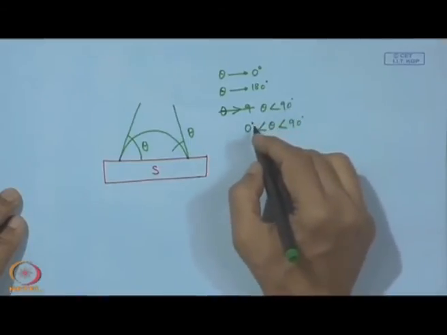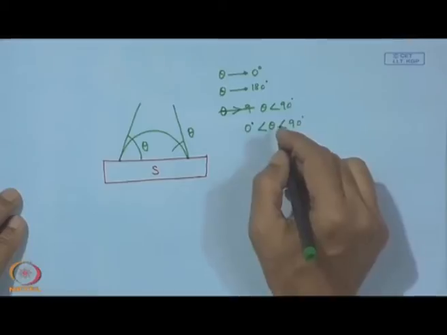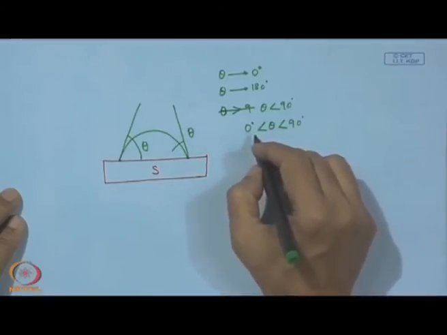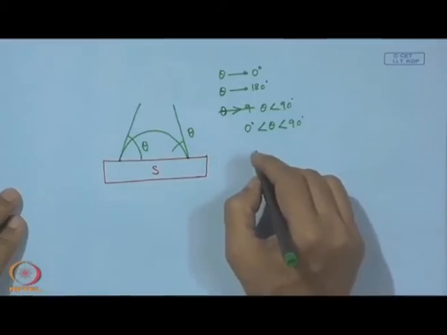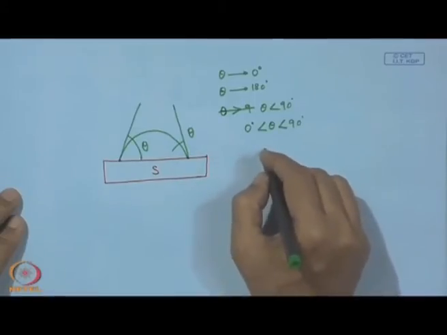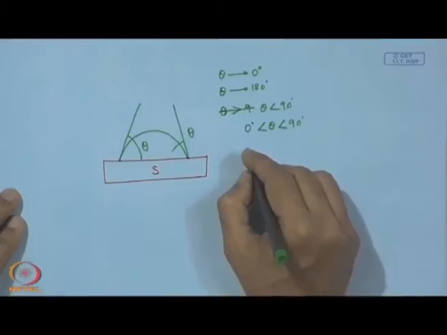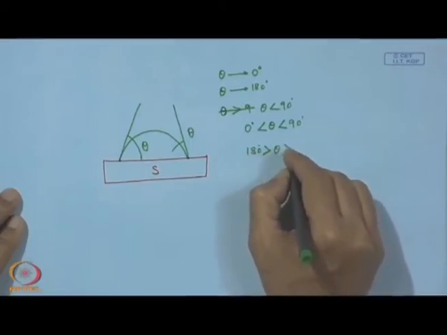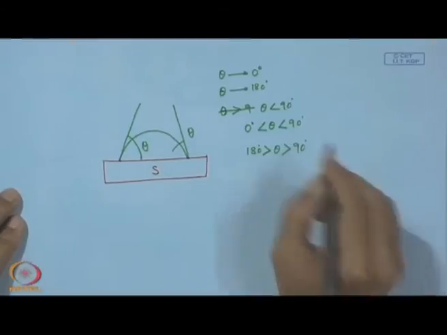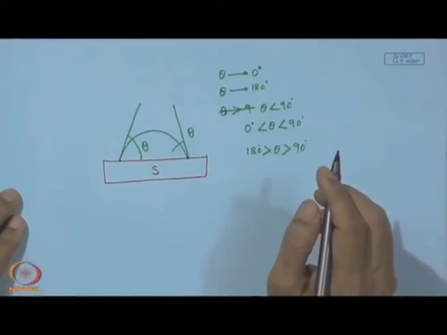So, that is favorable wetting, and it is more towards the wetting characteristics. If theta is somewhere between these two, that is actually the sign of non-wetting.